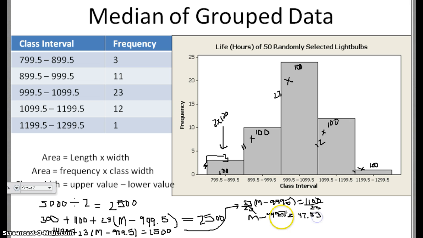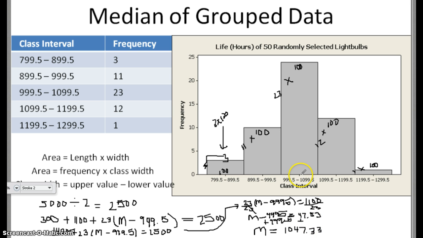Then finally, to solve, I add the 999.5 to both sides of my equation, and I get my median value. So m is equal to 47.83 plus 999.5, which is 1047.33, and that is my median value.